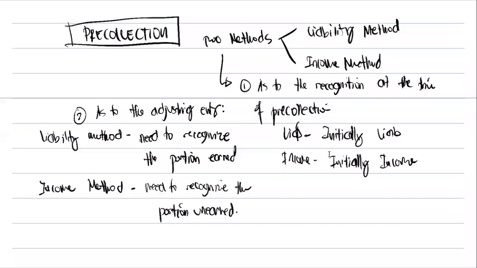Okay, so here again, in your pre-collection, this is a collection of revenue in advance. So there are two methods to record it. We have your liability method and your income method. When we say liability method, it is initially recorded as a liability, and as your adjusting entry, you need to recognize the portion earned. Now, under your income method, initially, you will record it as an income. And then on your adjusting entry, you need to recognize the portion unearned.